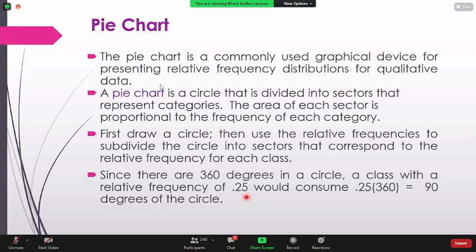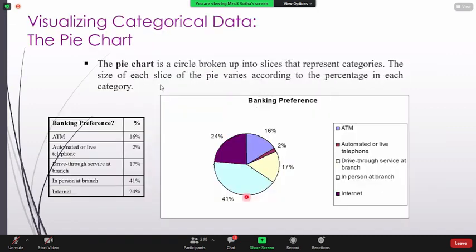Manually, we will not ask for pie charts. But this is the larger area compared to this one. So the same decision here also we can make, right?